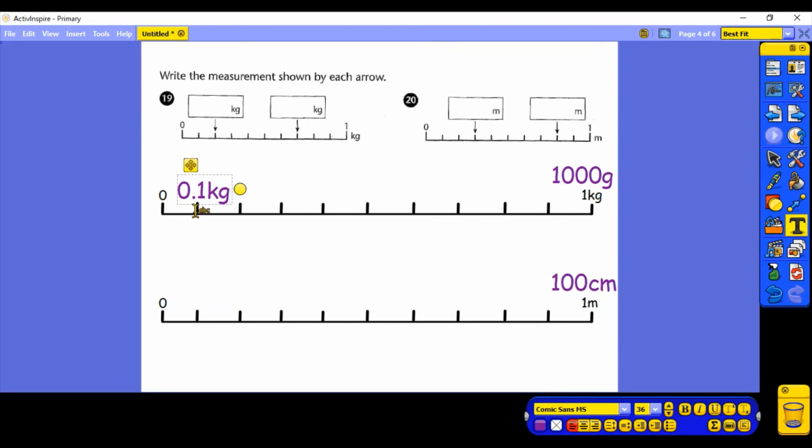Now that's actually the amount that we have on each of these lines. Each jump is a jump of 0.1 kilograms. And then if there's 10 of them, we should get to one whole one at the end. So let's count along and just check that that works. It will be 0, 0.1, then 0.2. What would the next one be? 0.3, that's right.